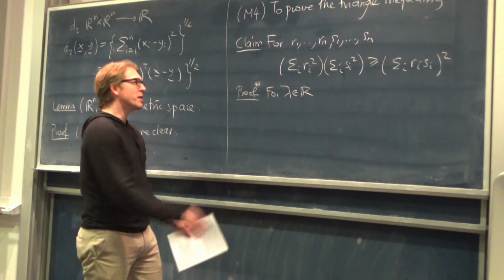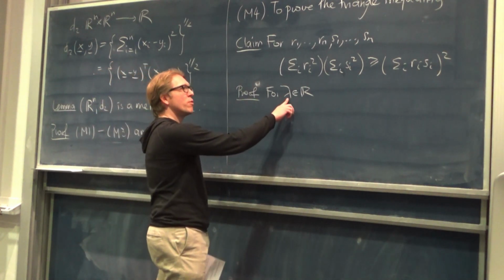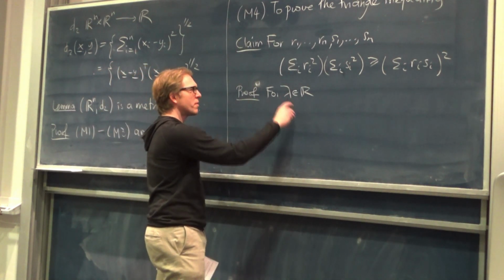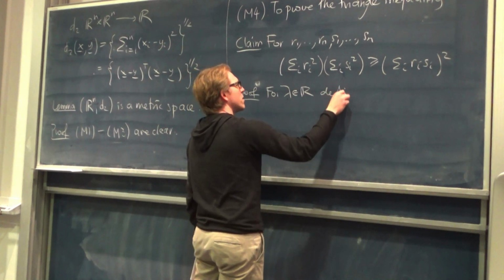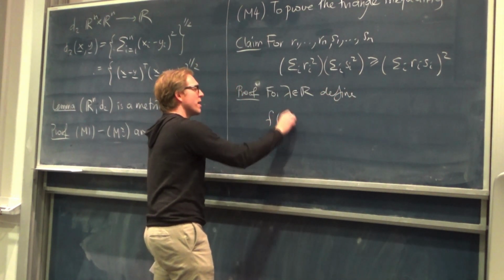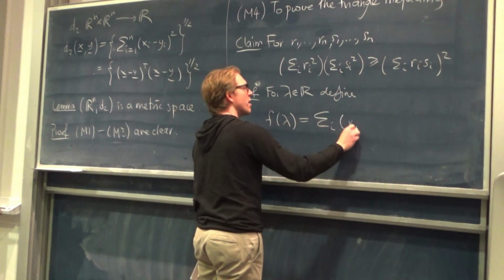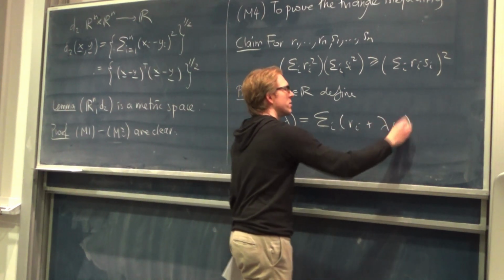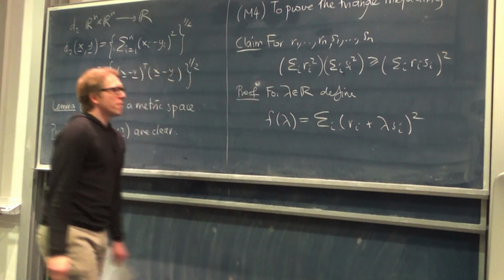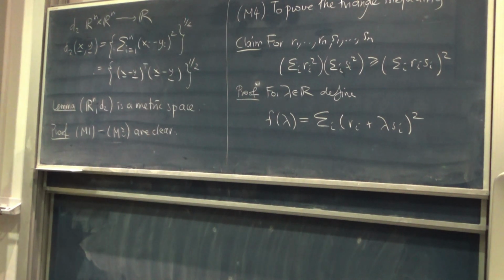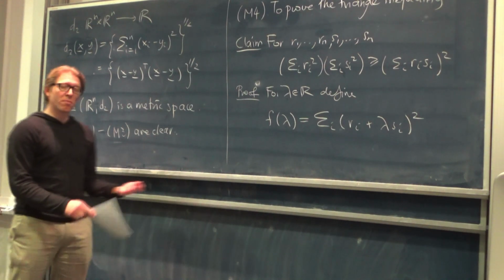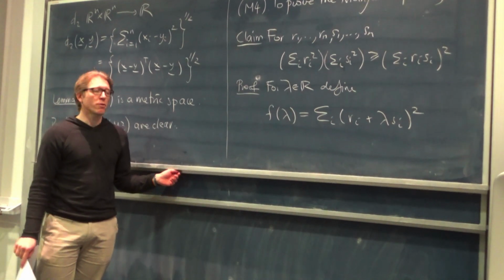So we introduce a new variable, lambda, and we define f of lambda to be the sum over i of (Ri plus lambda Si) squared. Now we're thinking of this sequence of R's and S's as fixed, and lambda is varying. That's clearly a polynomial function in lambda with some coefficients.